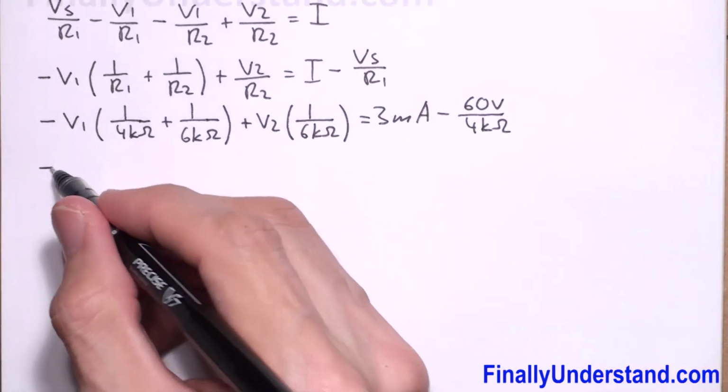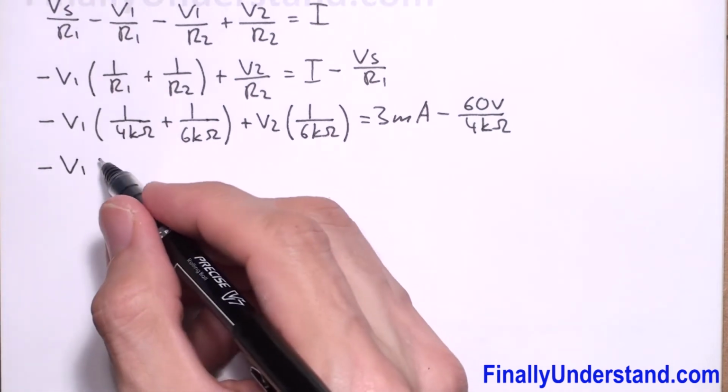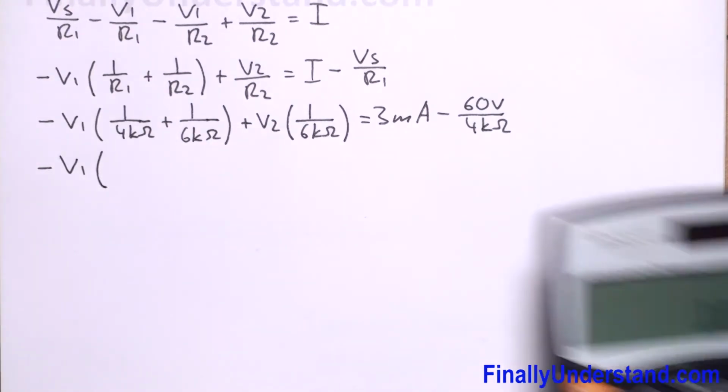So I have negative V1, and now I'm going to use the calculator.